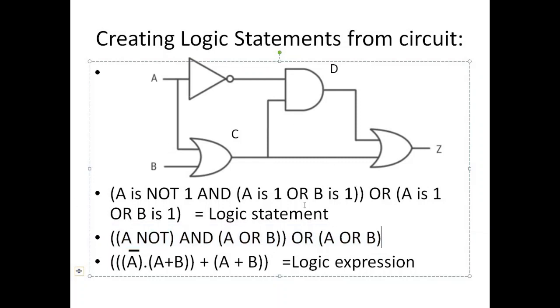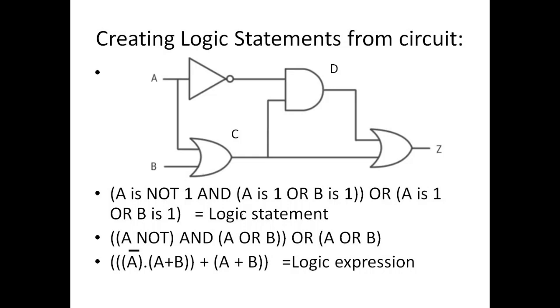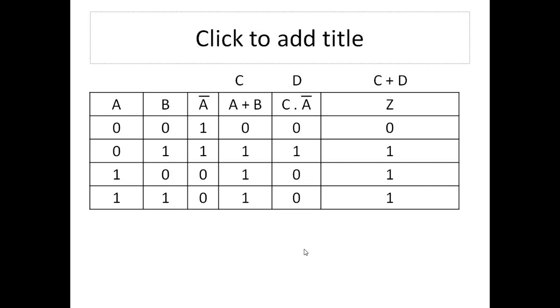Now usually the next part of the question says to draw a truth table from the given circuit, or from the logic statement which you have just created. So this is how you would make a truth table.